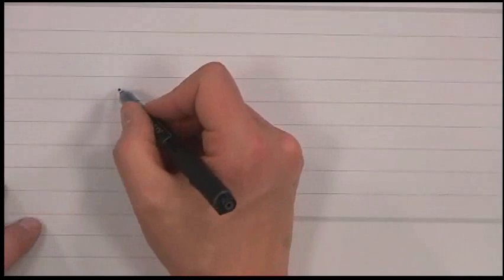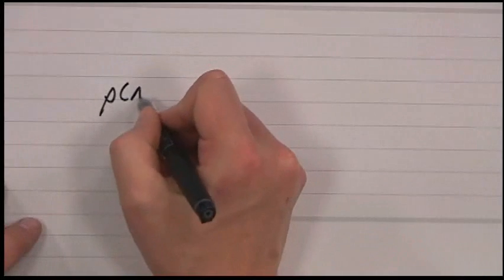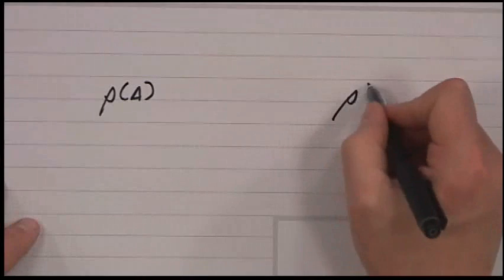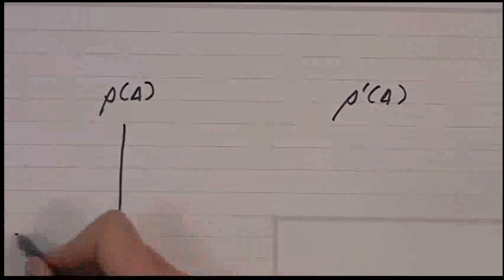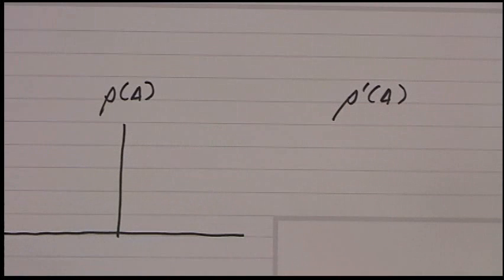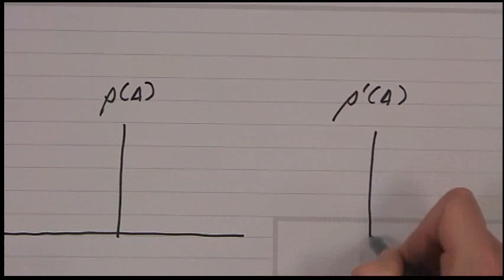Now, what happens typically is that we take the function rho, and we take the function rho prime, the derivative of rho, and we plot this.